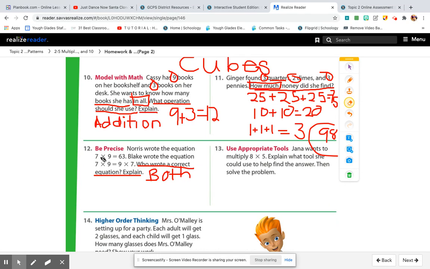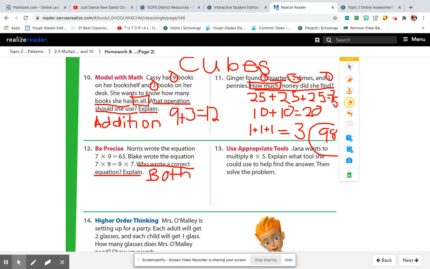We know that 7 times 9 is 63. And we also know commutative property means we can order the factors in any order and get the same product. So if we take 7 and 9 and we flip-flop them and turn that into 9 times 7, we will still get 63, the 2-for-1 deal, remember. So 7 times 9 equals 9 times 7 because of the commutative property.